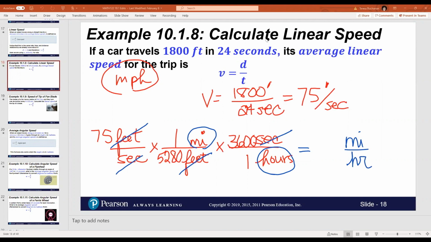Miles per hour. And furthermore, I know exactly what to do with the numbers. I don't have to scramble my way around trying to make sense of whether I'm multiplying or dividing. So I have 75 times the 3600 in the top, dividing by the 5280 in the bottom. And it turns out that this is about 51 miles per hour, a little bit more.